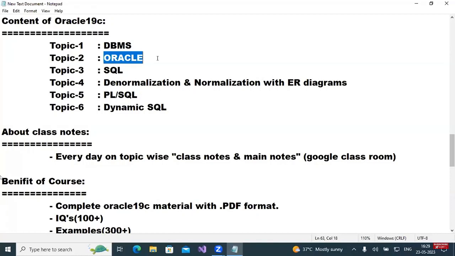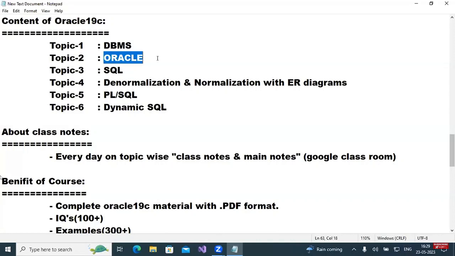Then after 9i came 10G, 11G, then 12C. What does the i represent? Why were they called Oracle 8i, 9i, 10G, 11G? That kind of information along with the features. After that, how to download this 19C software and how to install it, I am also showing in my classes.